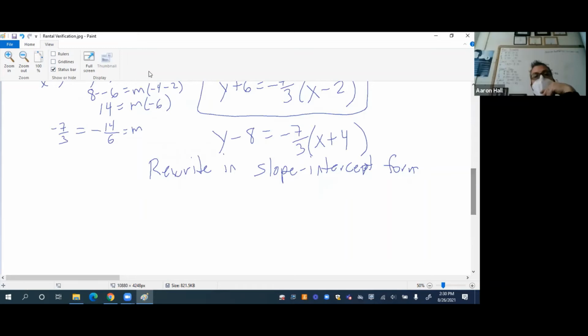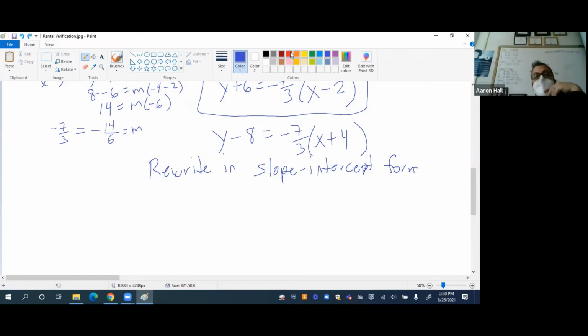Right now, what kind of equation is this? Point slope. How do I rewrite point slope form in slope intercept form? Slope intercept form is what form? y equals mx plus b. I need to somehow get y equals mx plus b, have it look like this. How do I do it?